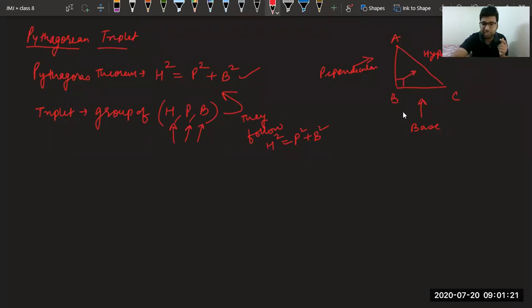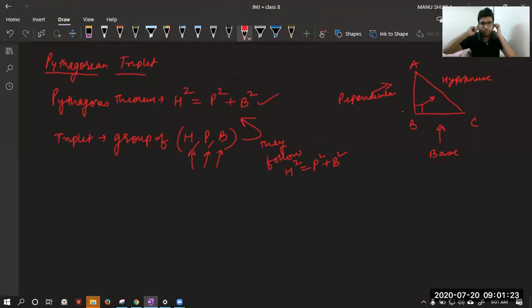I hope till this point it is clear to all of you that three numbers are said to be Pythagorean triplets if they follow Pythagoras theorem. Yes, all of you, correct? Now we have to understand what is the relation. Yes, Harshul, you are correct.